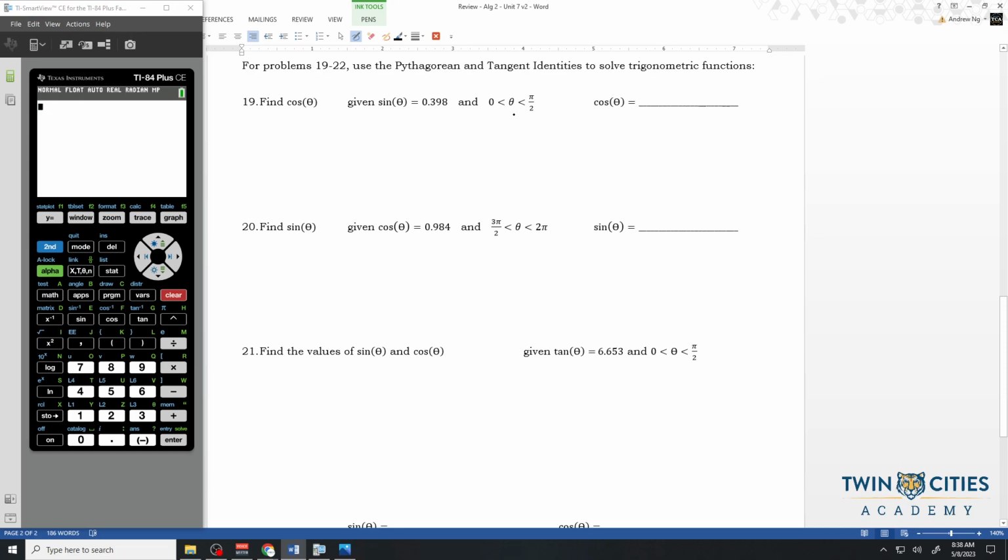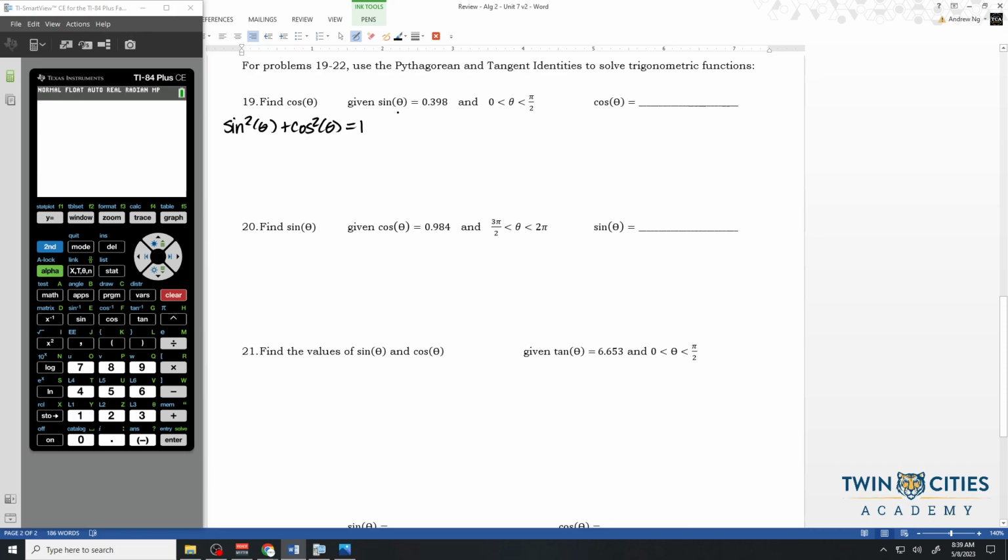So the first thing I want to do, if I'm finding sine or cosine and I'm given the other, is write down what my Pythagorean identity is. That's sine squared of theta plus cosine squared of theta equals 1. And what I can do here is fill in what I'm given.